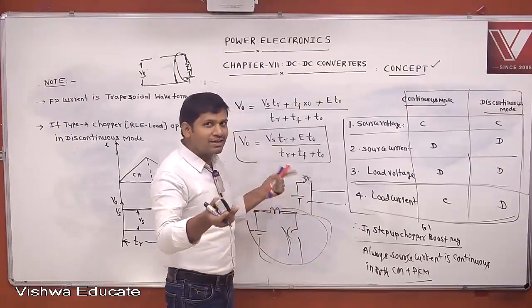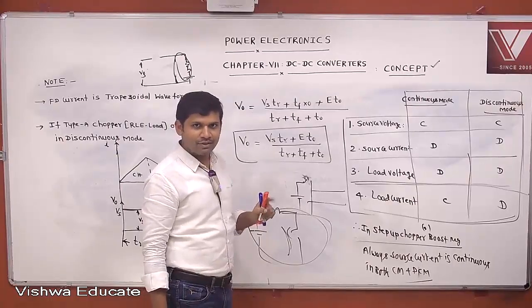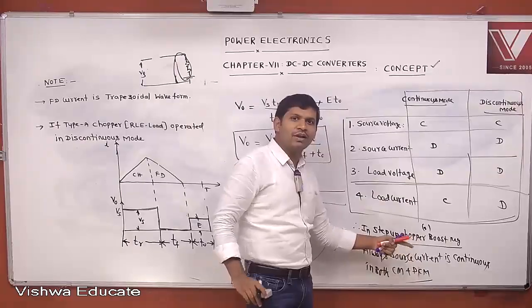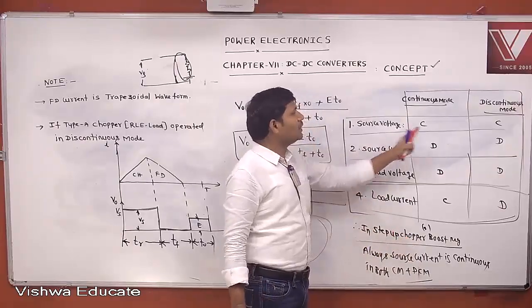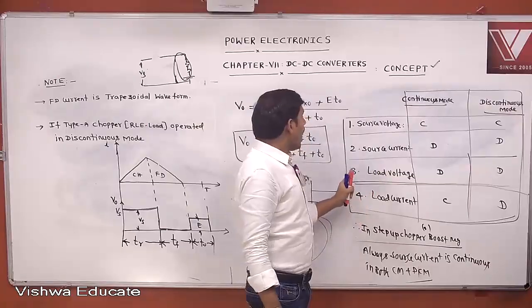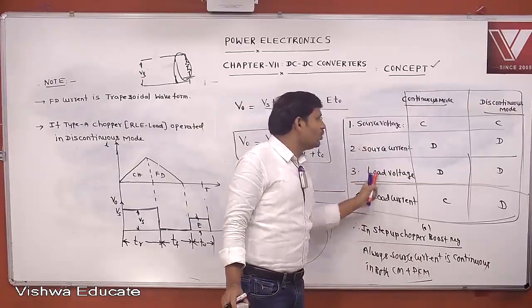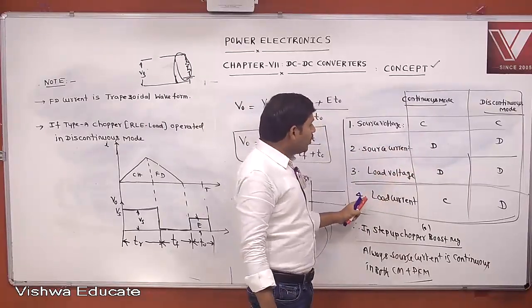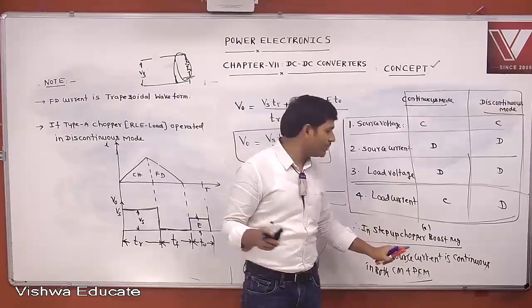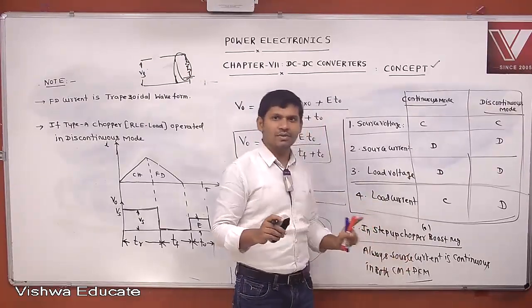But that is not the case in the remaining choppers. If it is not mentioned that it is a boost regulator or step-up chopper, then you take it like this: always source voltage is continuous, always source current and load voltage is discontinuous. But load current is continuous or discontinuous, that depends on the mode of operation. Easy to remember. This you remember as a special case.